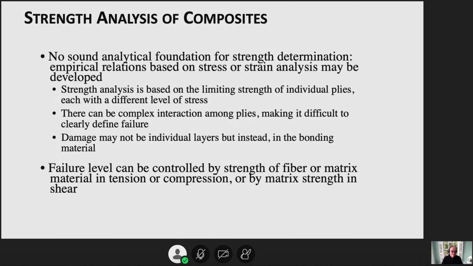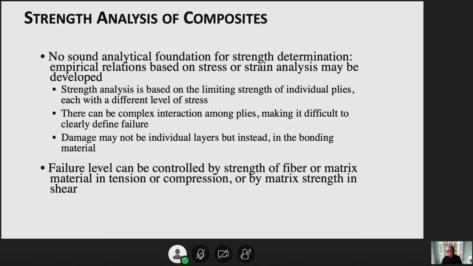And on top of it, it is not quite clear what damage does with strength. And failure is typically not sudden or specified at one load level. We just have to make a bunch of assumptions about it. So it's a really messy topic. But we are engineers, so we'll have to do something about it.